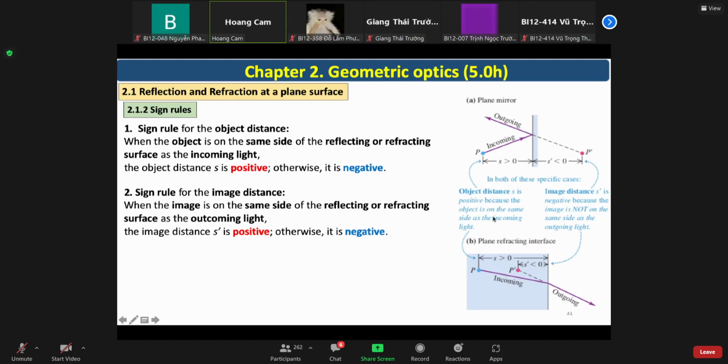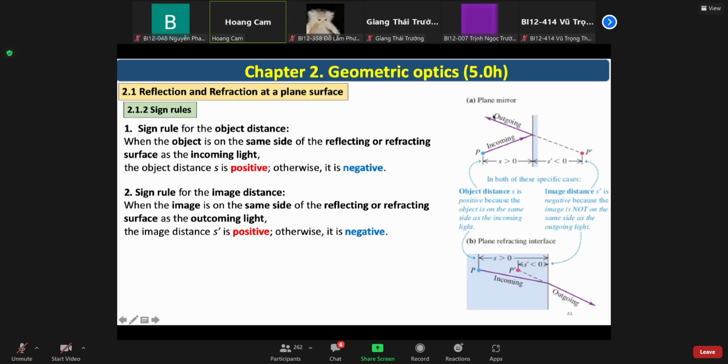So for short, we can say the same side as the incoming light. We don't need to mention the reflecting or refracting surface because we know that we compare using this surface and this interface already. So that's why we got positive object distance. And here for the image distance, for these two specific cases, you see, both of them, the image is not on the same side as the outgoing.